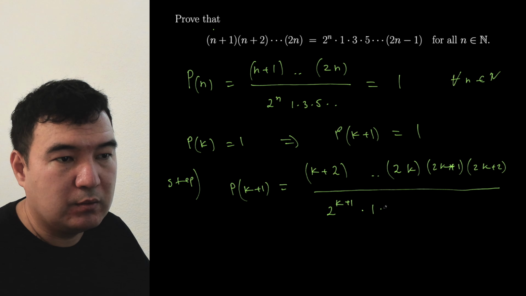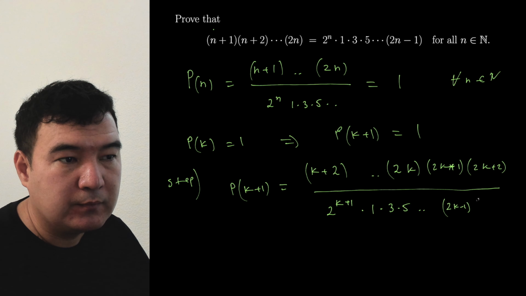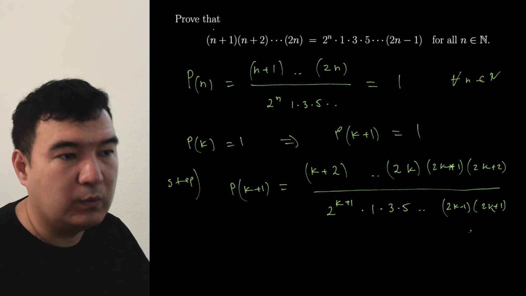So 1, 3, 5, up to 2k minus 1 is odd, and then 2k plus 1.